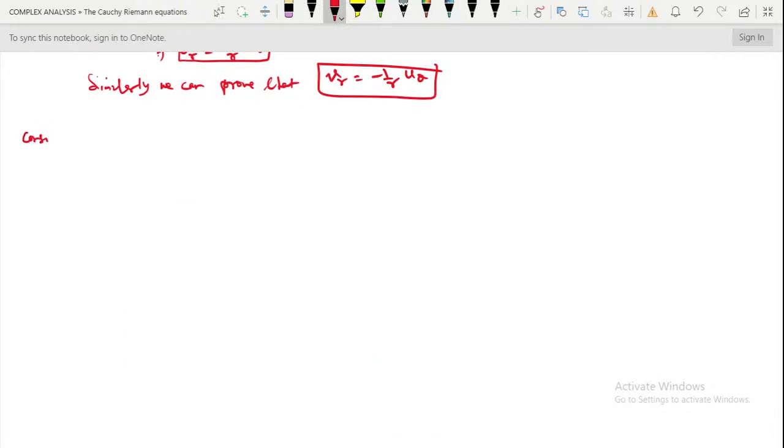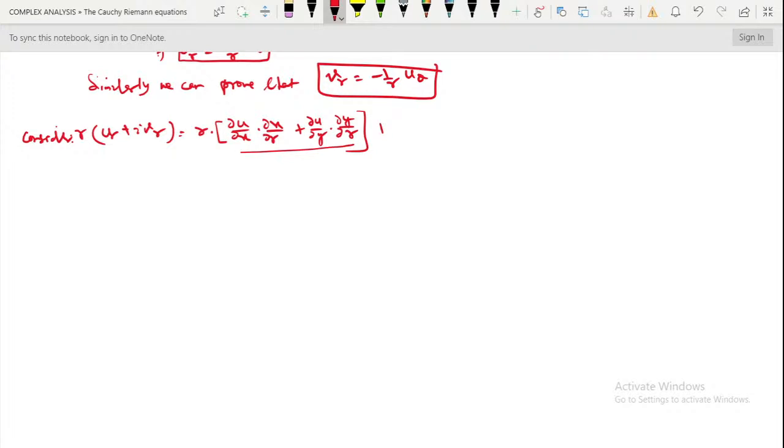Consider r into ur plus i vr. So this is r, and what is your ur plus i vr? Your ur means this is del u by del x into del x by del r, then del u by del y into del y by del r, and this is your ur.